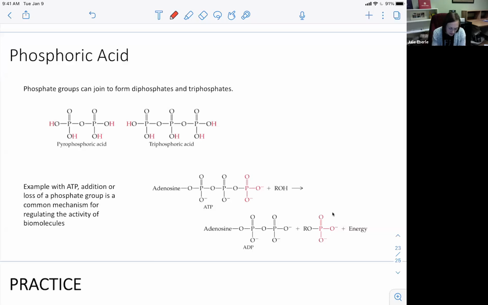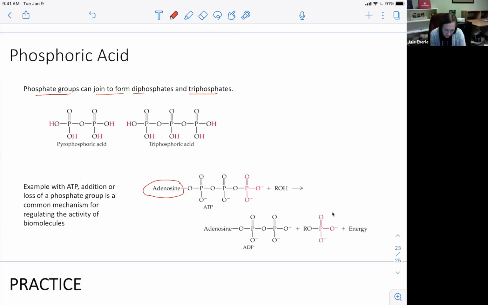Okay, last thing. This seriously is the last slide, then I promise we're done. Phosphate groups can join together to form diphosphates and triphosphates. Okay, this is where we're getting into molecules like ATP. ATP itself is an adenosine base. I'm not going to draw that out. You don't have to know what that is right now.